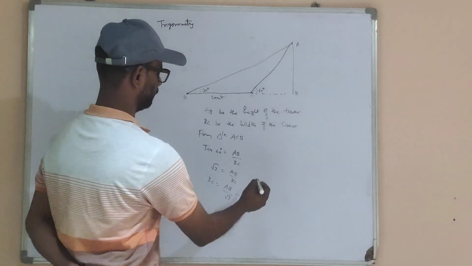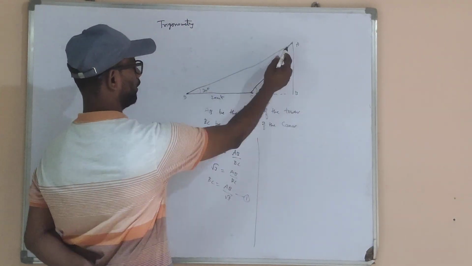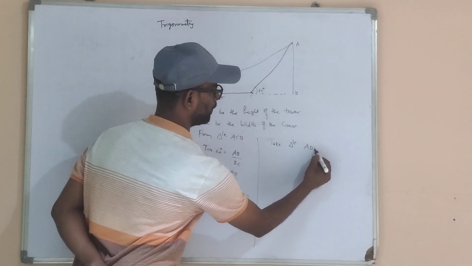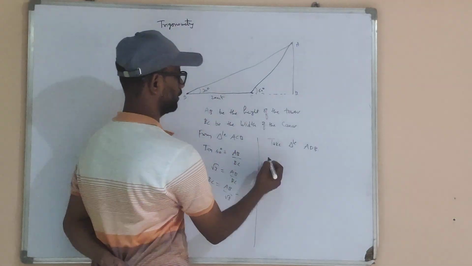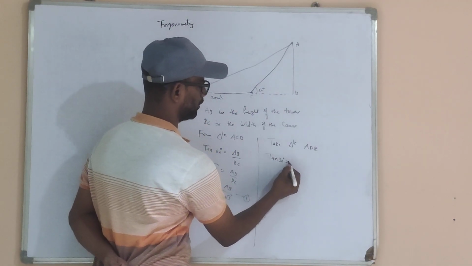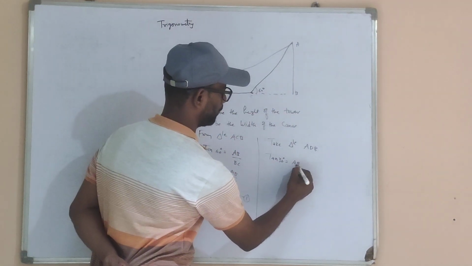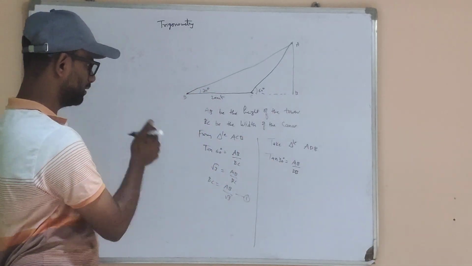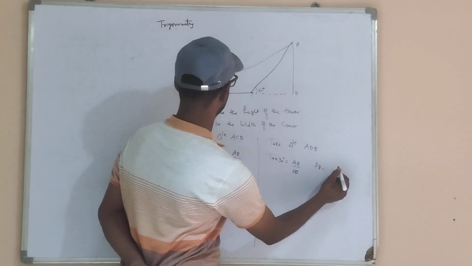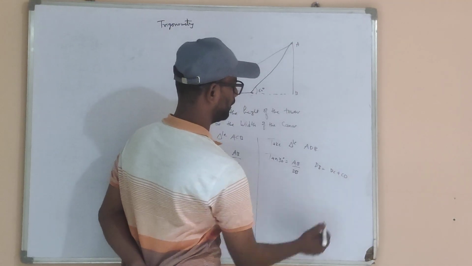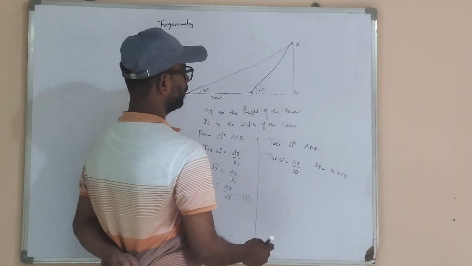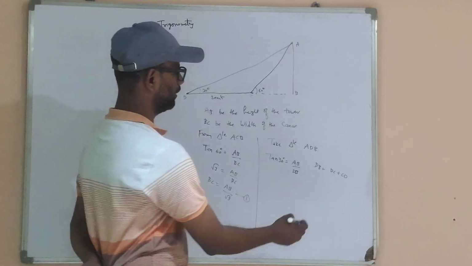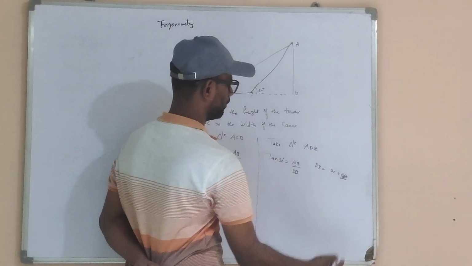So next, take triangle ADB. Here we have angle 30 degrees. Tan 30 degrees is equal to opposite, which is AB, by adjacent, which is DB, in which DB is equal to DC plus CB, or BC.